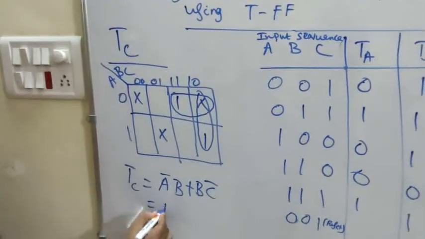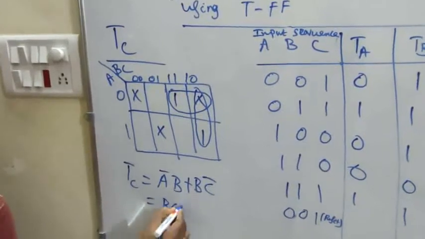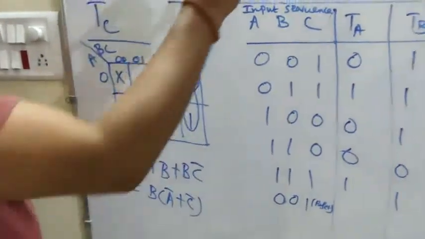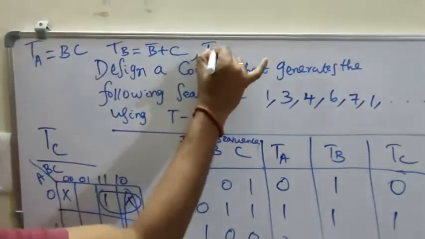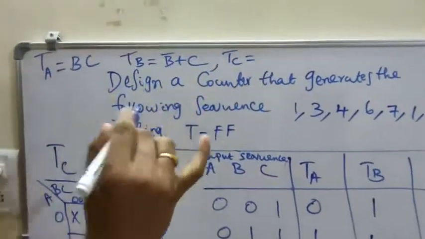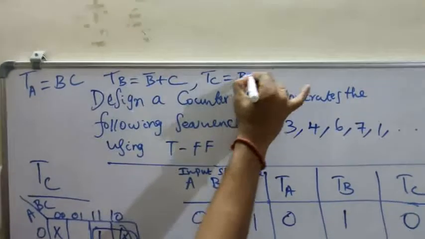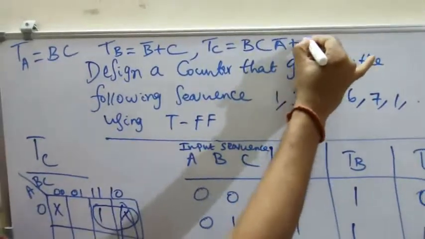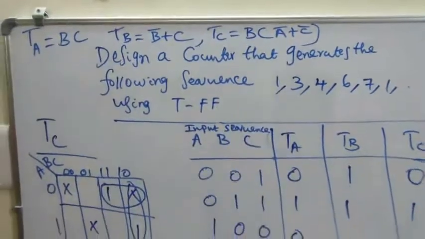So we will be getting B into A dash plus C dash. Therefore TC equals B into A dash plus C dash.